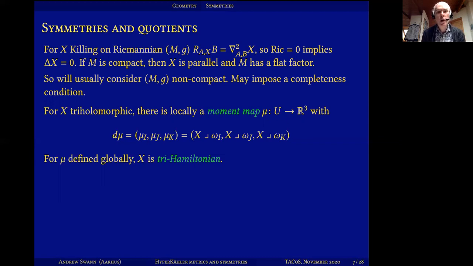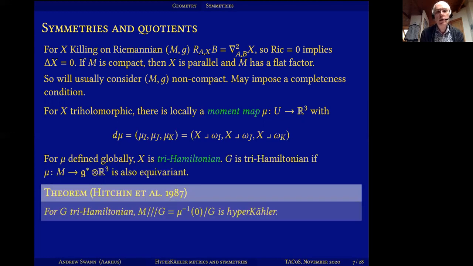We'll say that mu is mu I, comma mu J, comma mu K, and d mu is given by X contracted with omega I, X contracted with omega J, X contracted with omega K. If this is defined globally, then we will say that the Killing vector field is tri-Hamiltonian. And more generally, if we have a group action, then it's tri-Hamiltonian if we have such moment maps for all the vector fields generated by the group action, and they combine into an equivariant map, just as in the symplectic case.